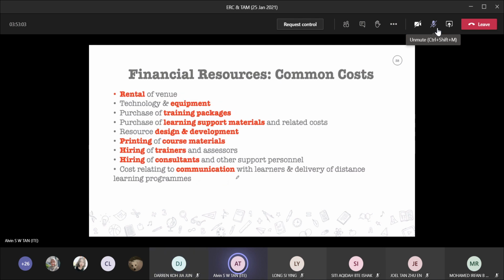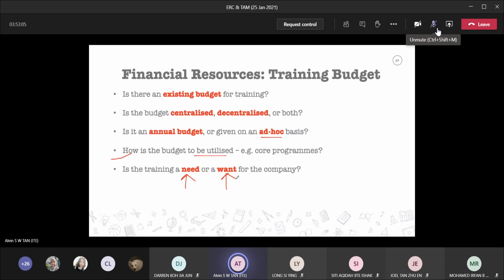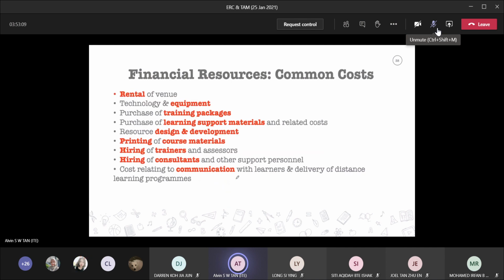Okay. When it comes to finances, this will help you in both your project. So please pay attention. And these are the common costs which will help you with your budgeting. Okay, I can't write properly for this one.